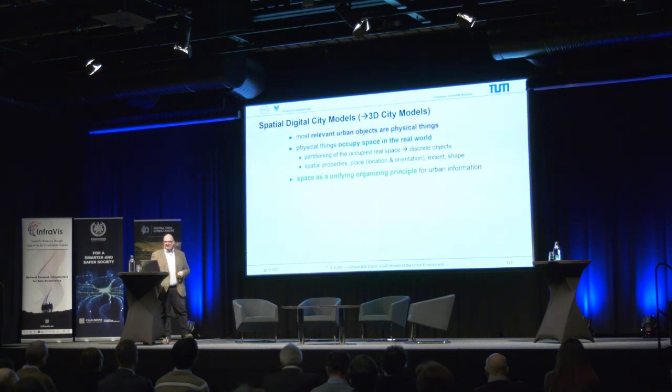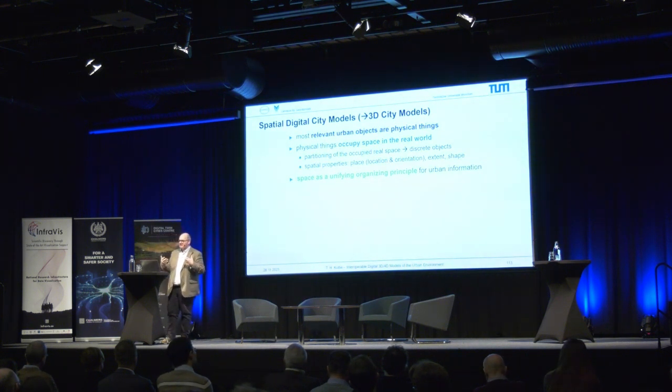And of course, every one of those objects has spatial properties, like for example, where is it, what's the location and the orientation, but of course also extent and shape. And so we can also think about space as something like a unifying organizing principle for many kinds of urban information, not for all urban information, but for many aspects of urban information.